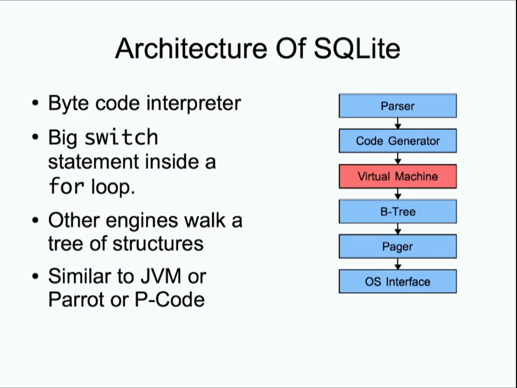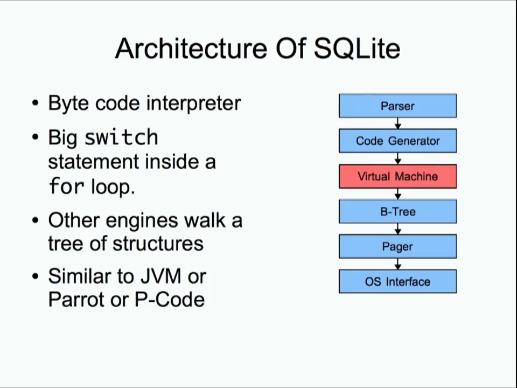Now, you might be familiar with other kinds of bytecode, like the JVM for Java or Parrot, and the opcodes there are very low level. It's like move this short integer from that memory location to that memory location, or add 2 integers together, or jump here if that. They're very much like assembly language.